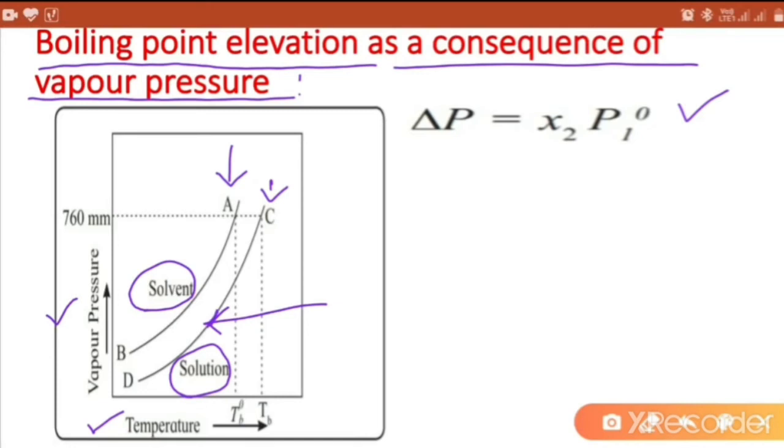The intersection of curve CD corresponding to 760 mm pressure is the boiling point of solution. This is the boiling point of solution.